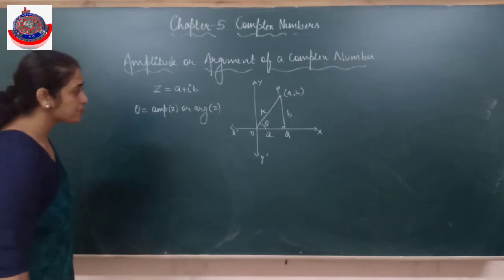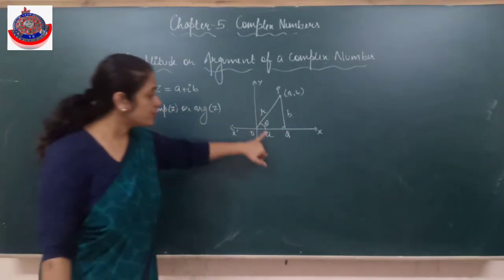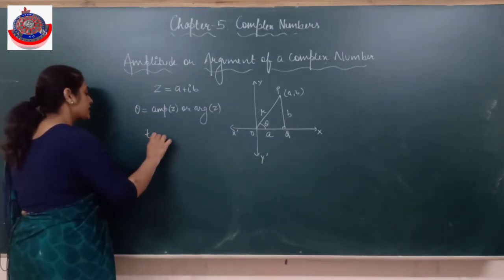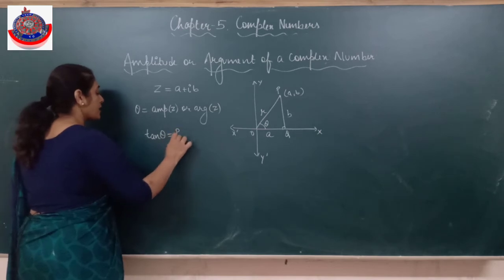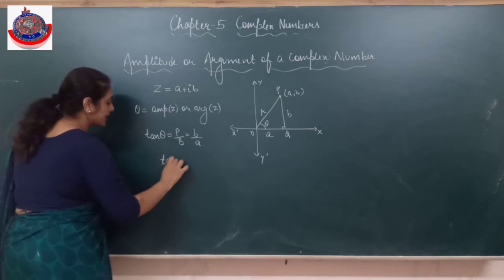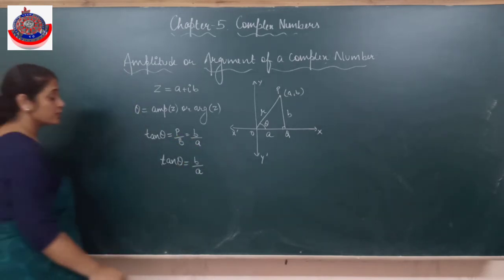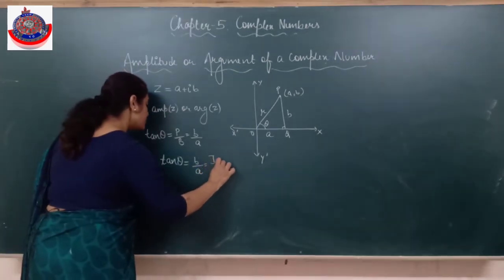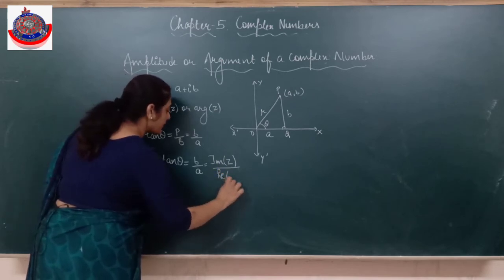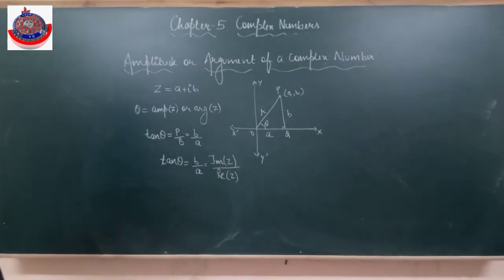How do we find it? The complex number is a and b. I have the value of a also, I have the value of b also. So we use a and b. Perpendicular and base are used in tan. So we find the argument like that. Tan theta is equal to b by a, that means the imaginary part of z upon the real part of z.